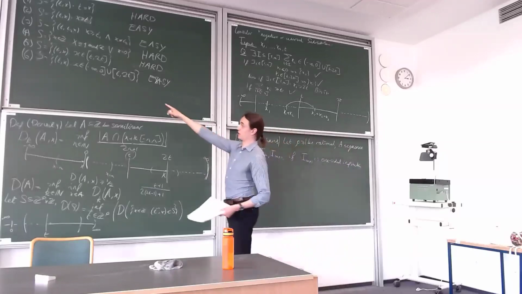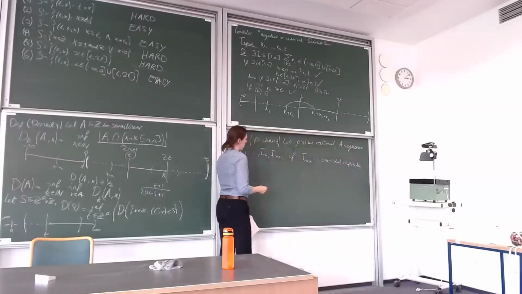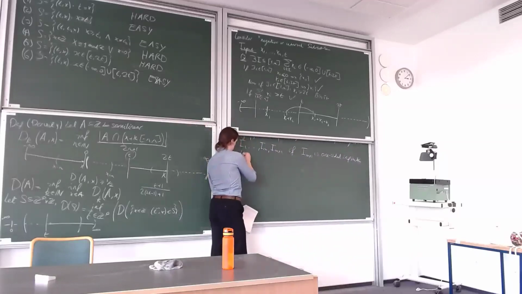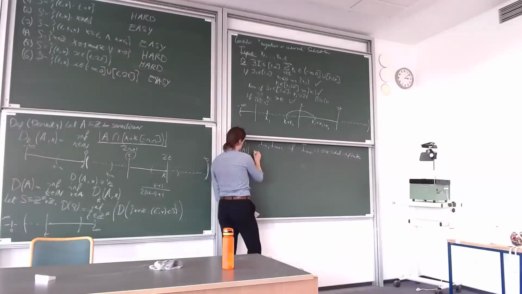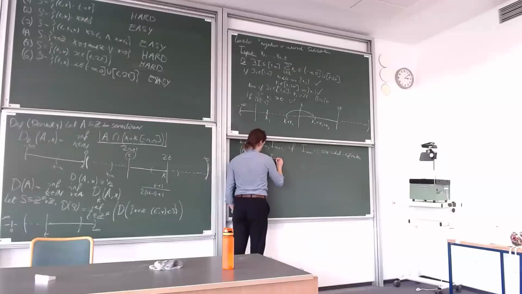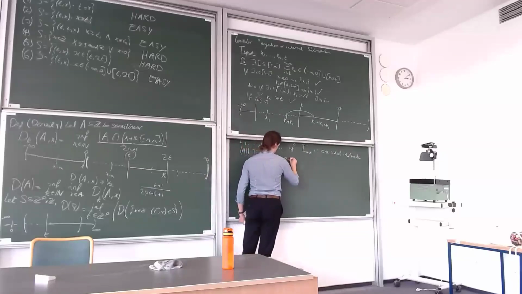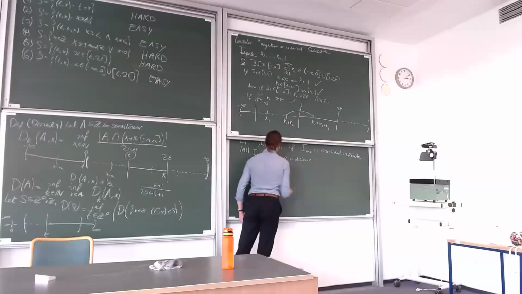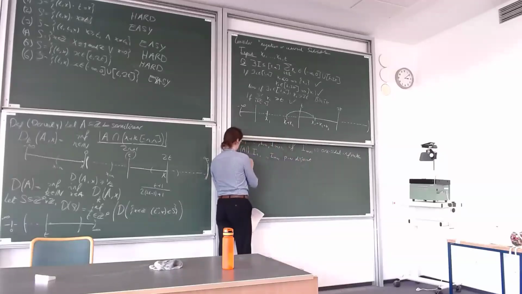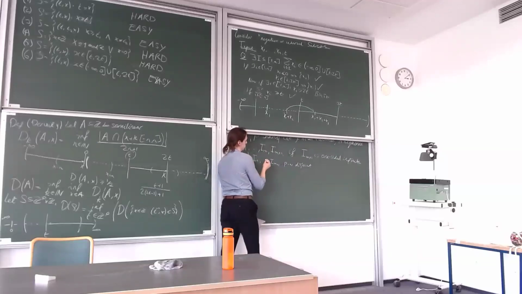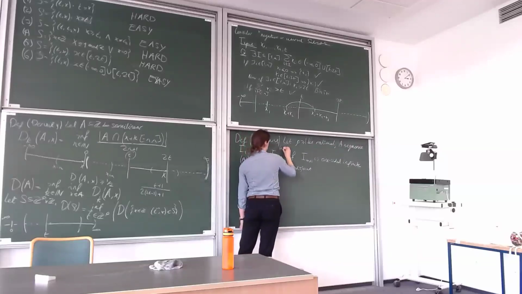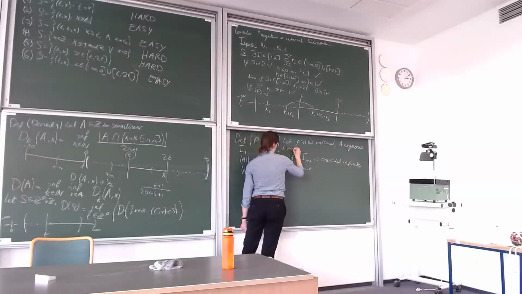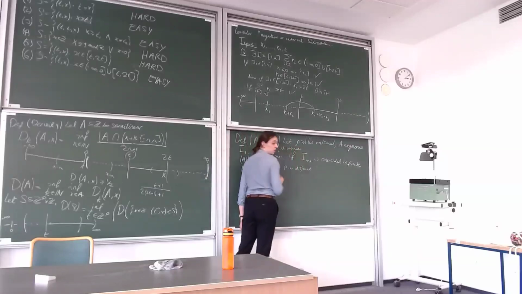So minus infinity to 0, for example, and they're all disjoint. These are subsets of the integers. They're intervals.